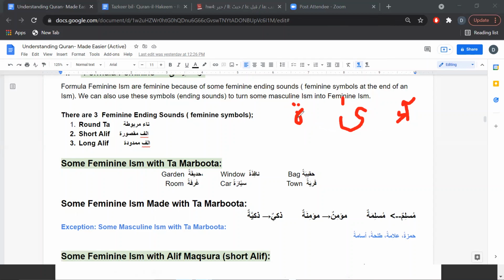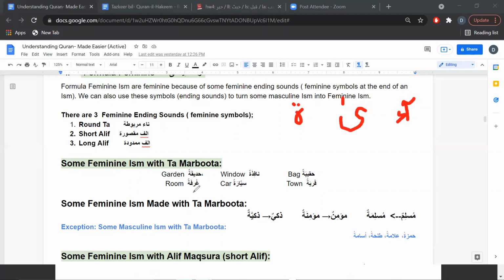Examples of ta marbuta: haqibatun, a bag, purse, nafizatun, hadiqatun, qaryatun, sayyaratun. We just learned sayyarat. We found this ism in our lesson 6. So sayyaratun is feminine.